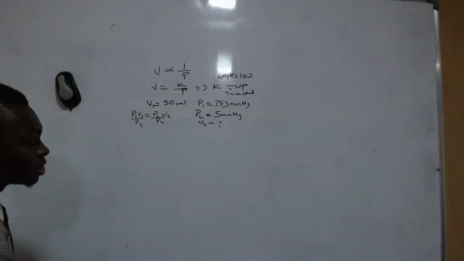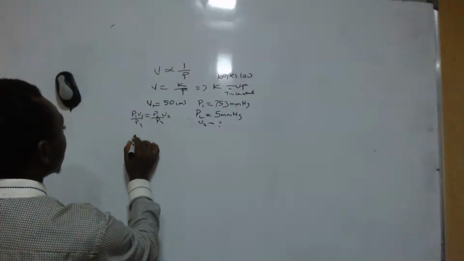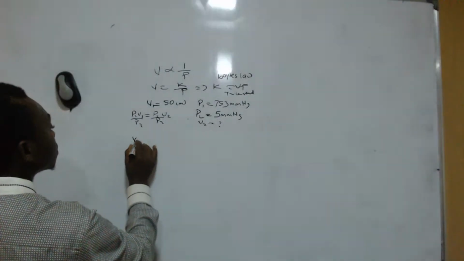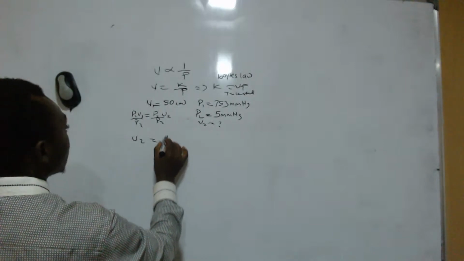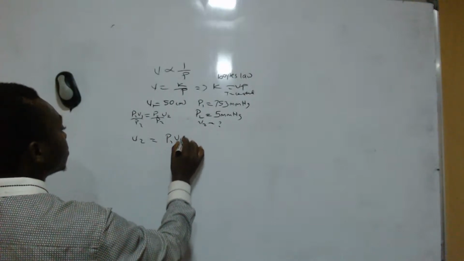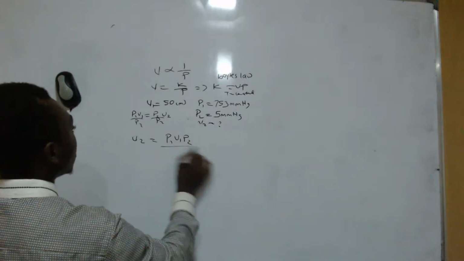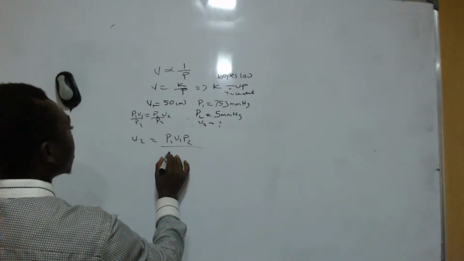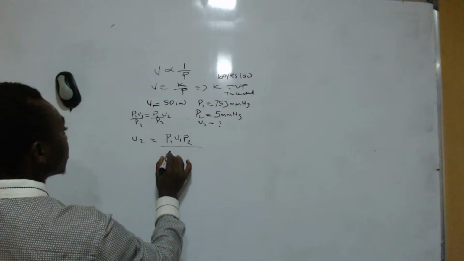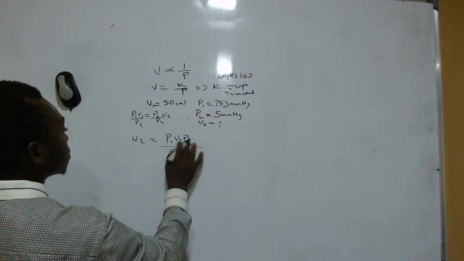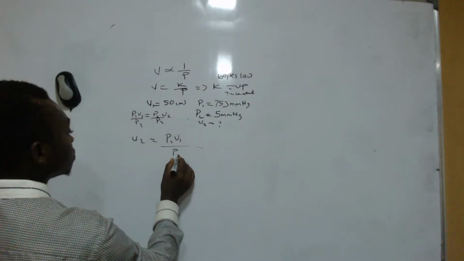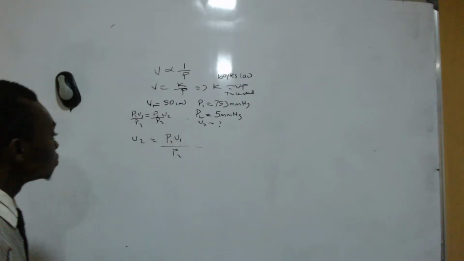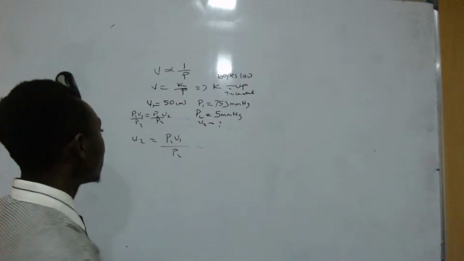So this implies that your V2 is equal to P1 V1 all over P2. So that's your volume, P1 V1 over P2.